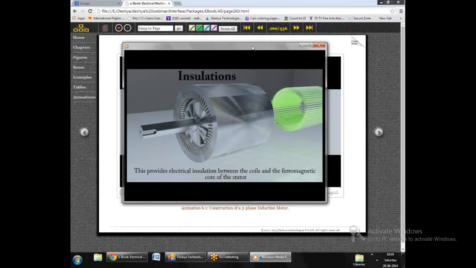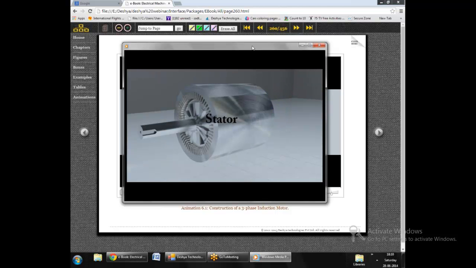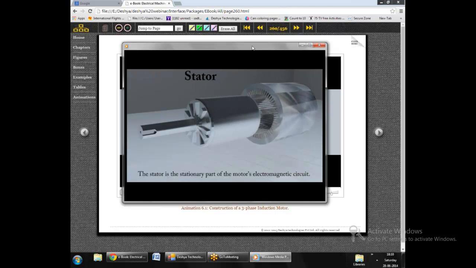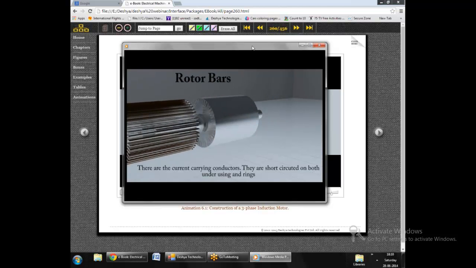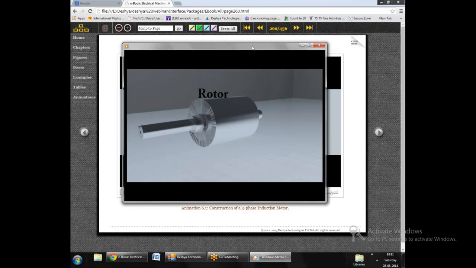This provides the electrical insulation. Then we have the stator, which is made up of various laminations, and then the end rings, and after the end rings are done, the rotor bars come out. The purpose of the end ring is to short circuit these rotor bars at both ends, and this is the ferromagnetic part of the rotor.